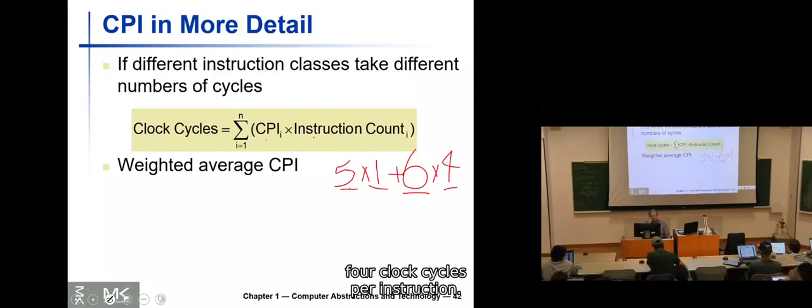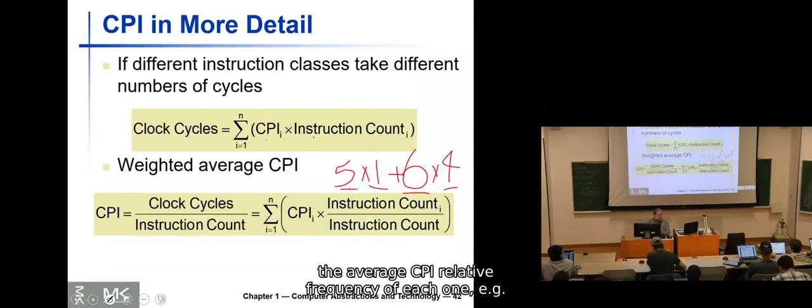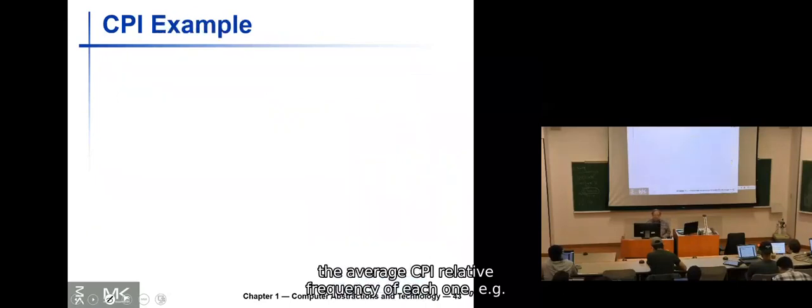Each multiplication takes 4 clock cycles per instruction. This is how you calculate. Then if you divide this by the total number of instructions, you get the average CPI, based on the relative frequency of each one.